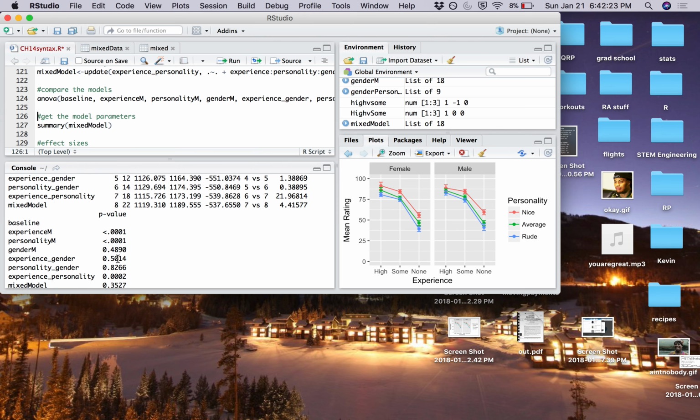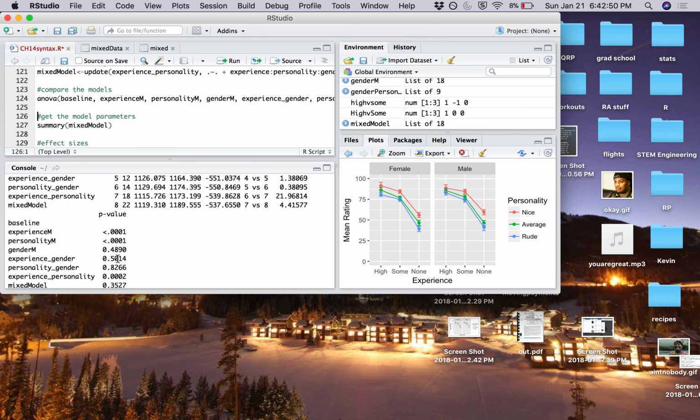And this non-significant interaction means that although ratings were affected by whether the person had experience or was of average experience or had no experience, the way in which ratings were affected by experience was not different in male and female raters.